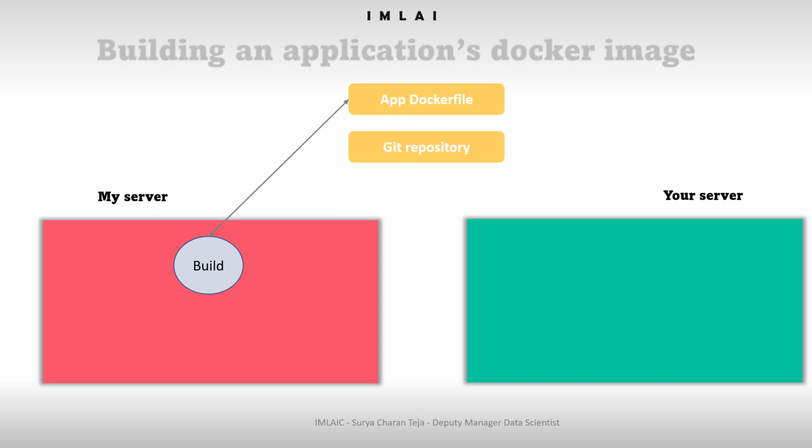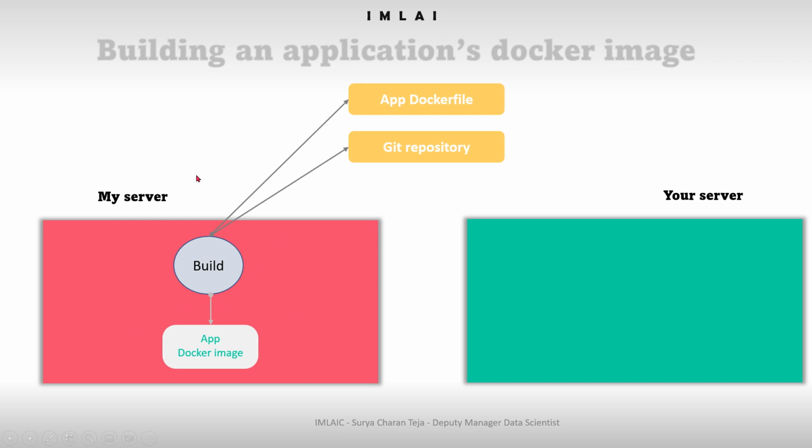Then I will say build, so the image will be built. This Docker file through the Git repository, I'm going to clone it into my server, and I will say docker build. Then I'm going to build my image, the application's Docker image.